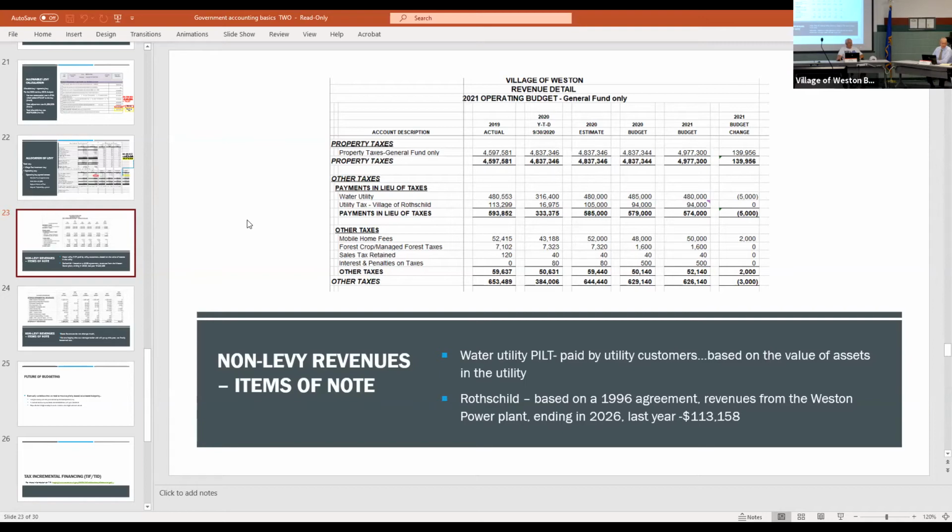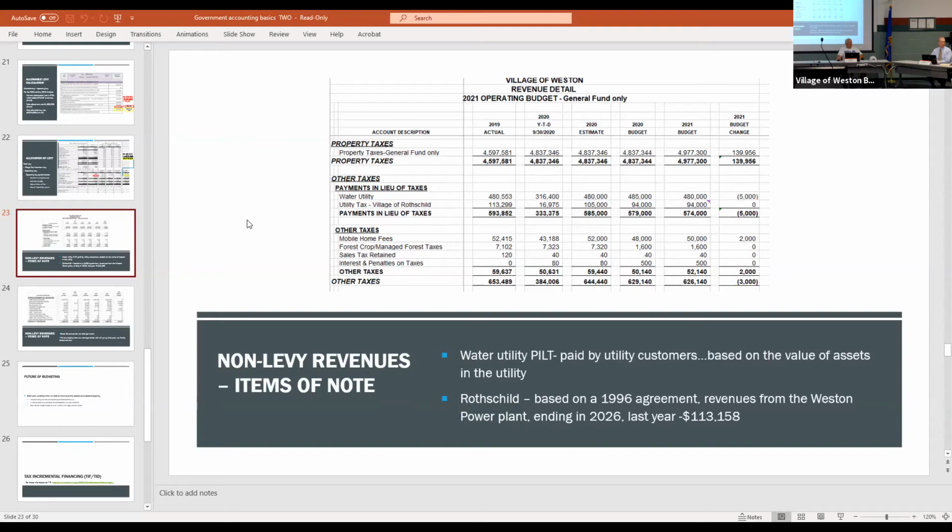Entirely, okay. Well, when Rothschild annexed about a third of the town at that time, approximately, they discovered that they now had in their possession the power plant that had been in Weston, and we were getting the utility funds from the power plant.